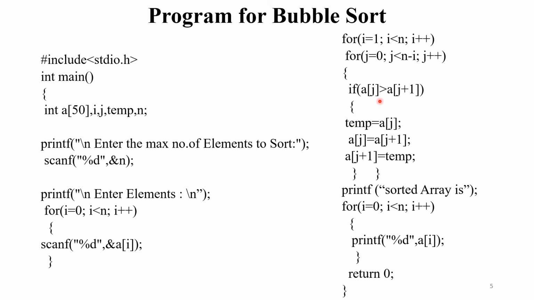Then we shift our second value to the first index, which means a of j is equal to a of j plus 1, so we shift the j plus 1 value to j. Now j plus 1 is empty. Then we move the value of temp into j plus 1. So we exchange these two values.